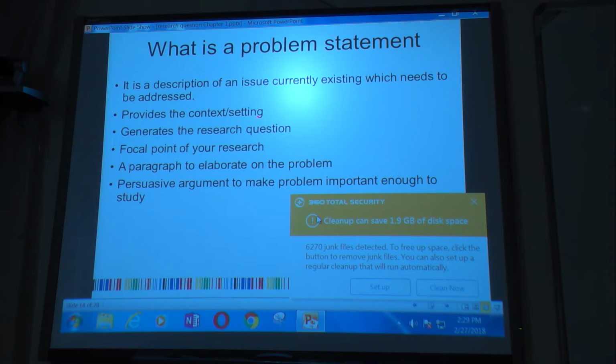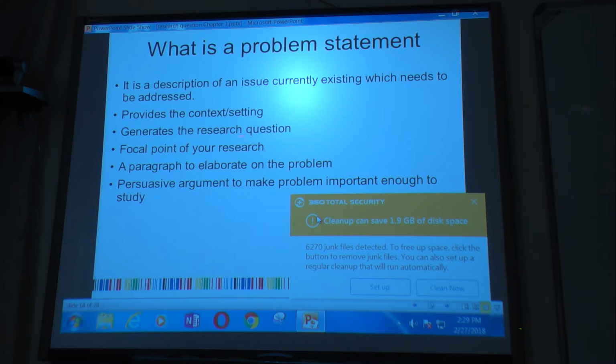It provides the context or the setting for the specific study. So it indicates to us what type of research has been done on a specific topic, what are the actual problems that people are struggling with. So it provides context and setting. It generates the research question.